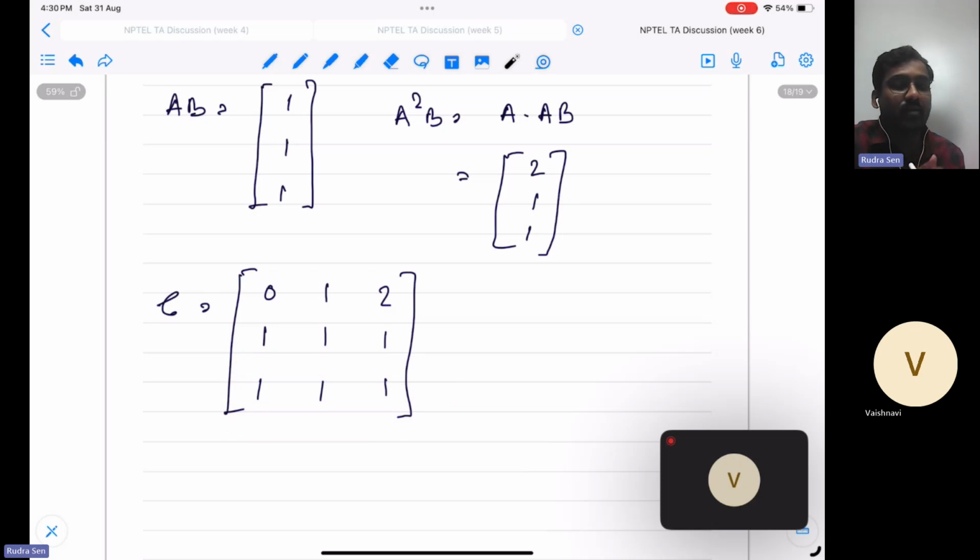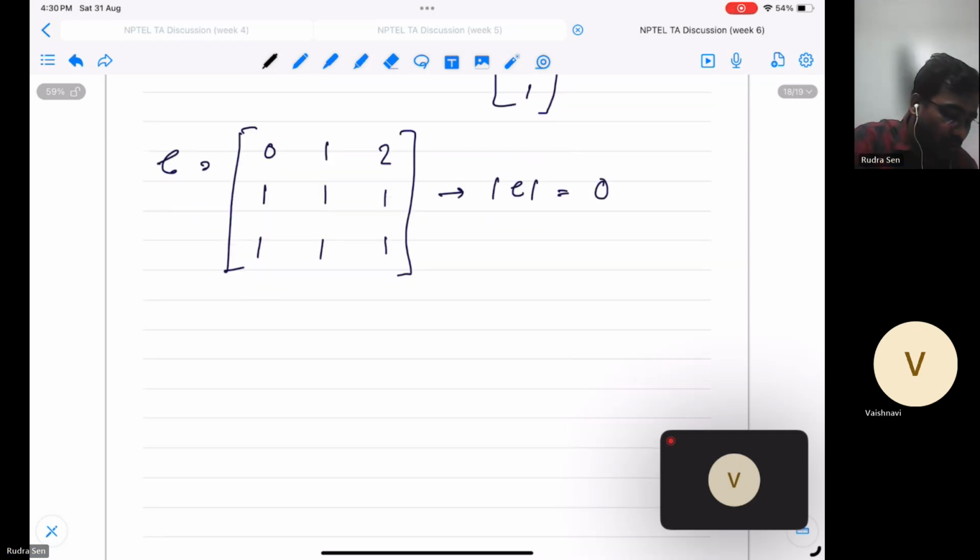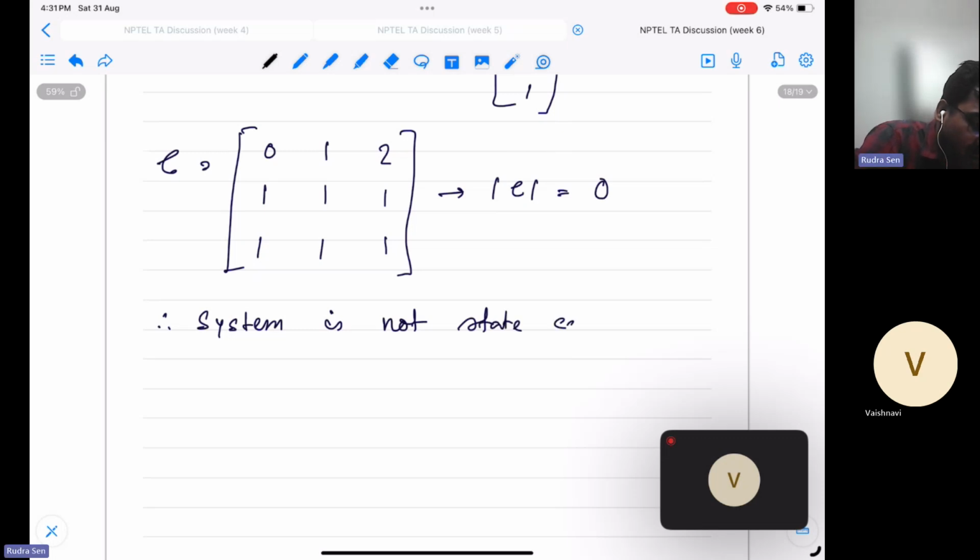That means this matrix is not non-singular. If you find the determinant of matrix C, you will get zero. So the system is not state controllable.